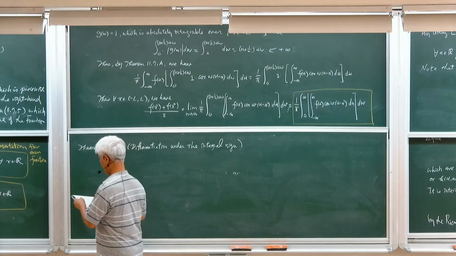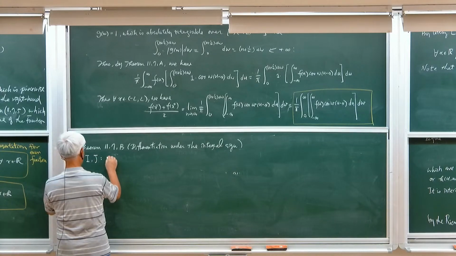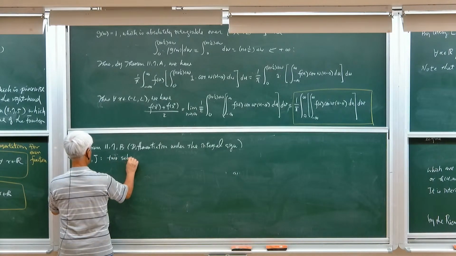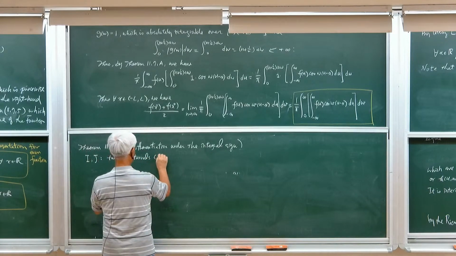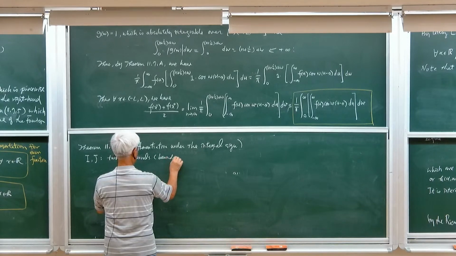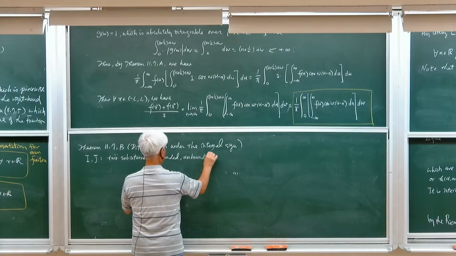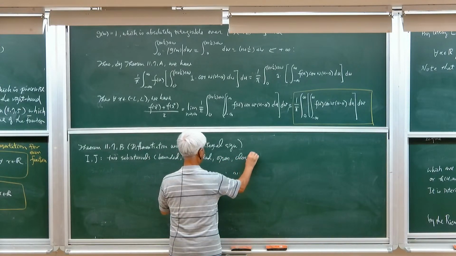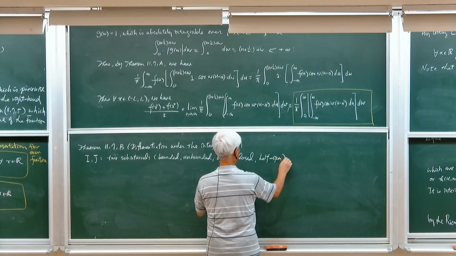Right. So I say again, I and J are two subintervals of R, which may be bounded or unbounded, open, closed, half open.